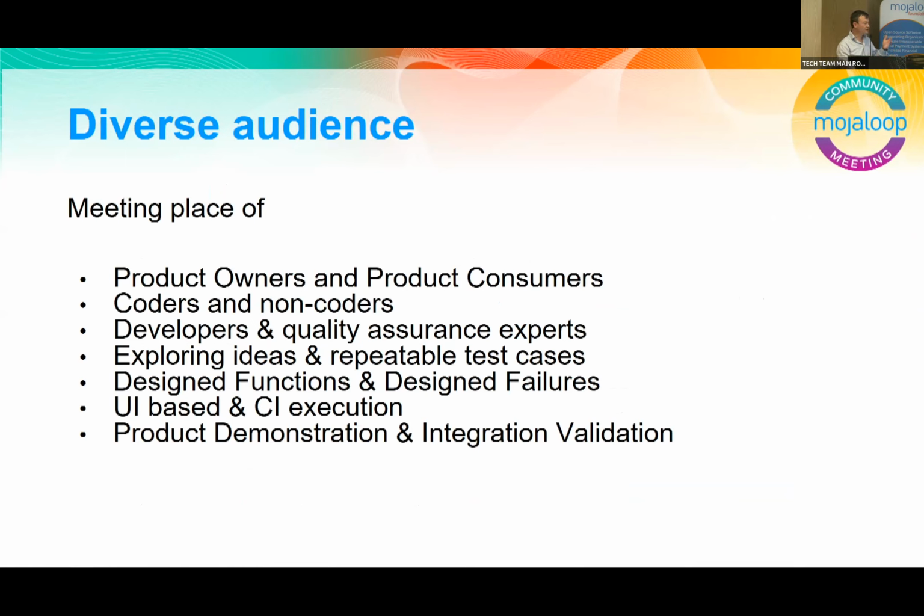Coders and non-coders, developers and quality assurance experts. Really, the point I'm making is that sometimes this can't be code, and it needs to be in an environment that is approachable and manageable at that API definition level, which the testing toolkit or the Modular Loop Toolkit is.